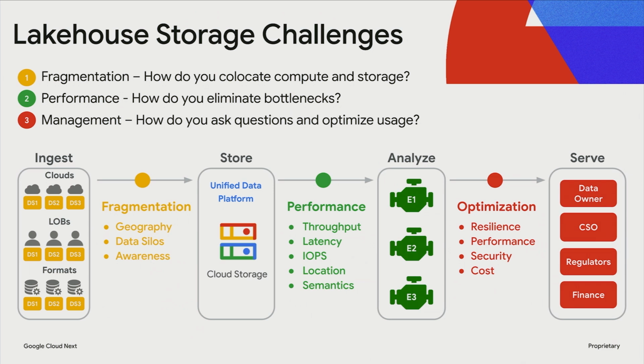How do I find all of the objects which were created before a particular time? How do I find objects containing a particular metadata or a particular tag? That becomes really like finding a needle in a haystack. So managing data at scale, and how we provide those capabilities to our customers, becomes a key requirement as well.